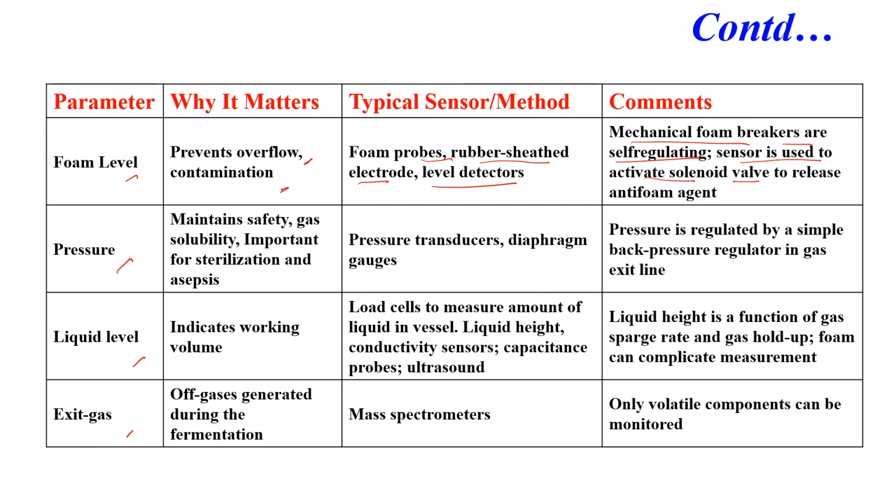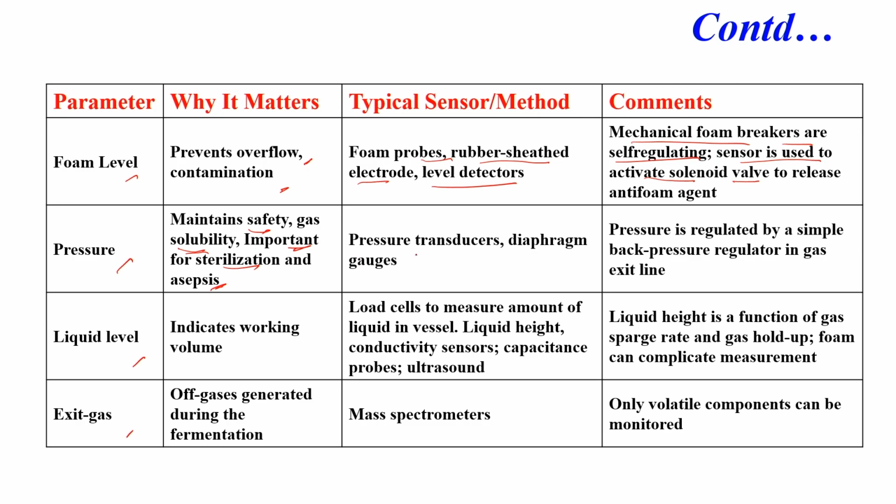Pressure maintains the safety, and it maintains the gas solubility. We have discussed, following Henry's law, the gas solubility is proportional to the partial pressure. It is important for the sterilization and asepsis, because there should be positive pressure inside a bioreactor.